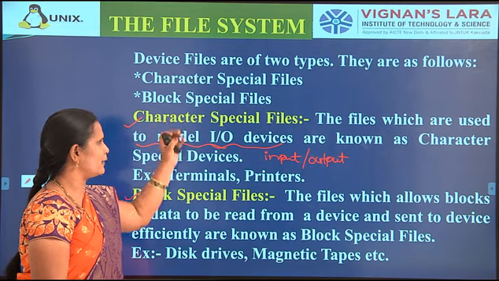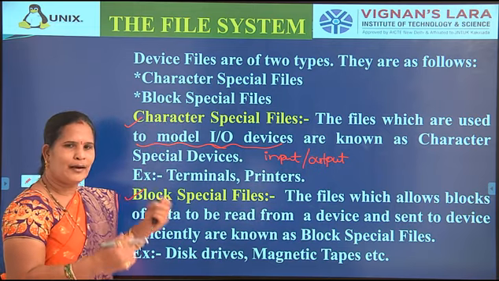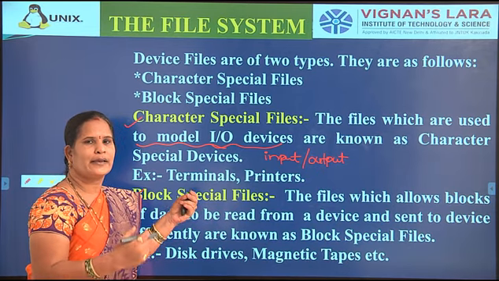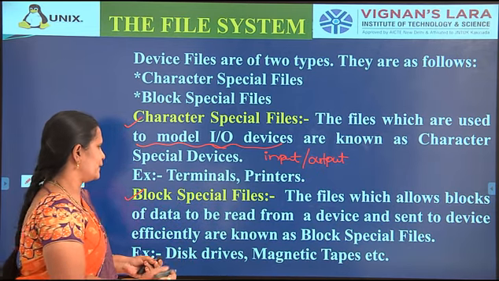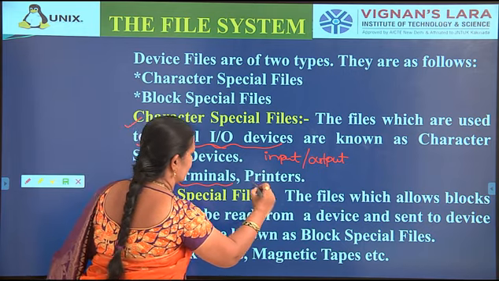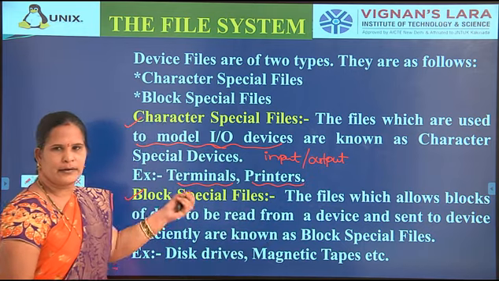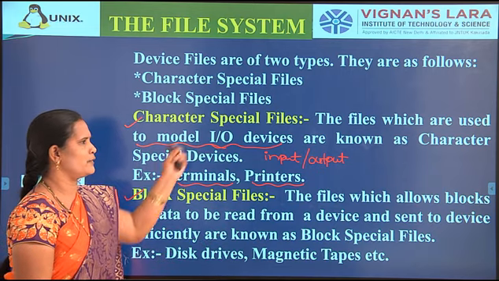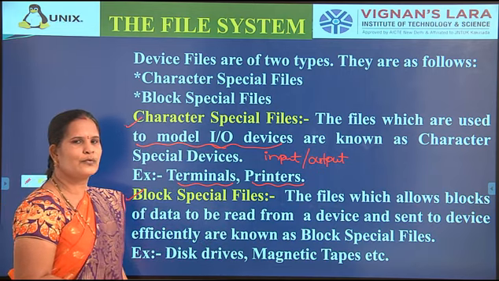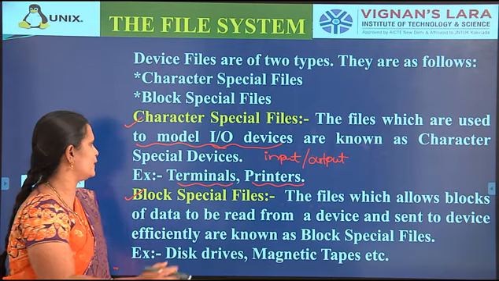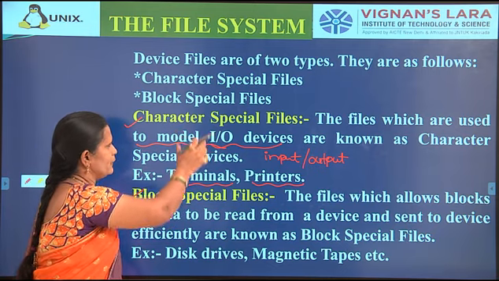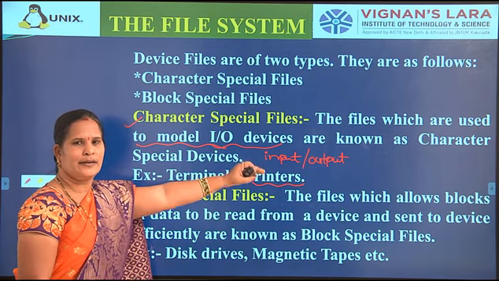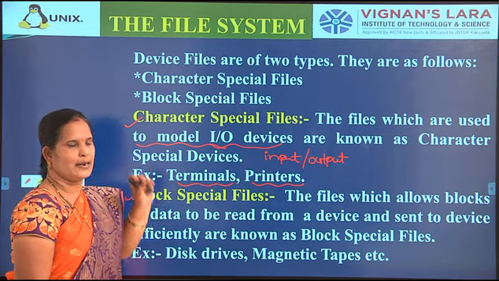Examples are terminals, printers, keyboards, and plotters; everything like this can be treated as a character special file. So the files which are used to model I/O devices are known as character special files. Examples of character special files are printers, plotters and terminals.